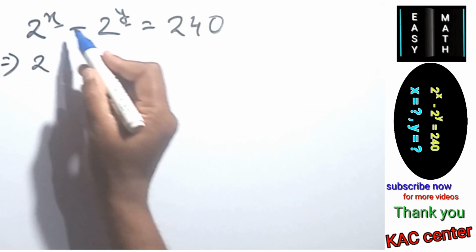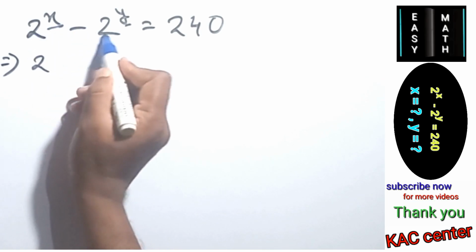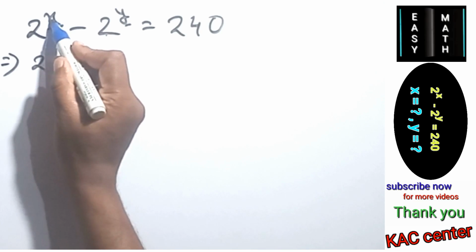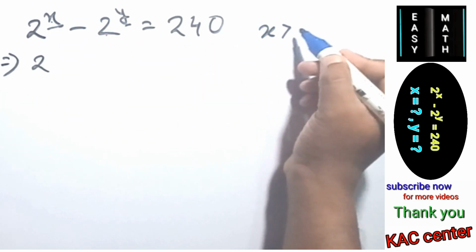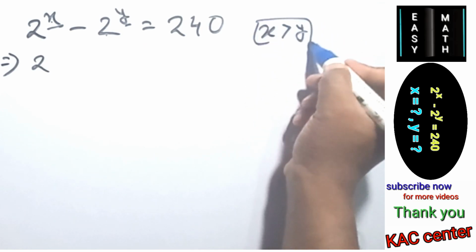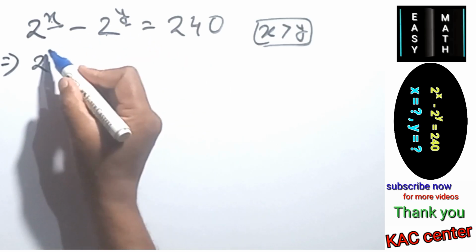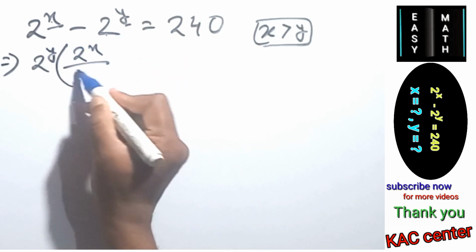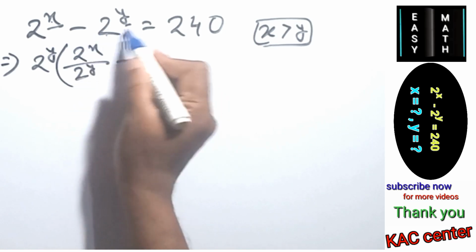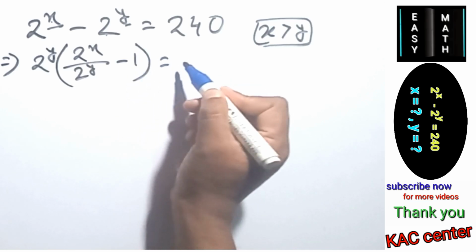Here there is a similar base and power, so the hidden secret is that x is bigger than y. So we take 2 to the power y common, so 2 to the power x by 2 to the power y, and there is 1.